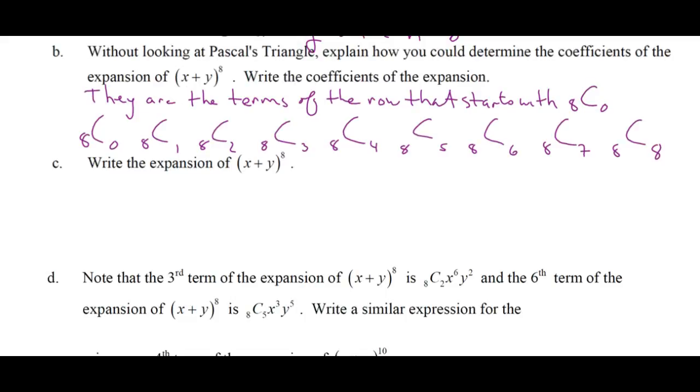Now we don't need to have the row of Pascal's triangle. I know that if I want to expand x plus y to the 8th, it's going to look like this. Let's not do the numbers first. Let's just write it out in terms of 8 choose 0. I'm expanding x plus y to the 8th. I go 8 choose 0, x to the power of what? 8.